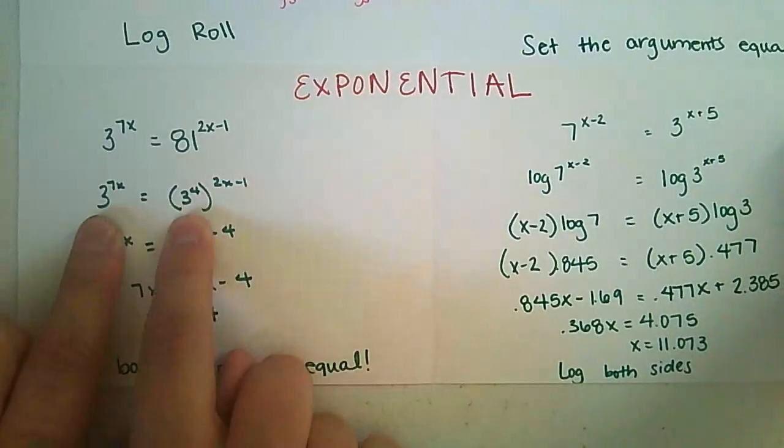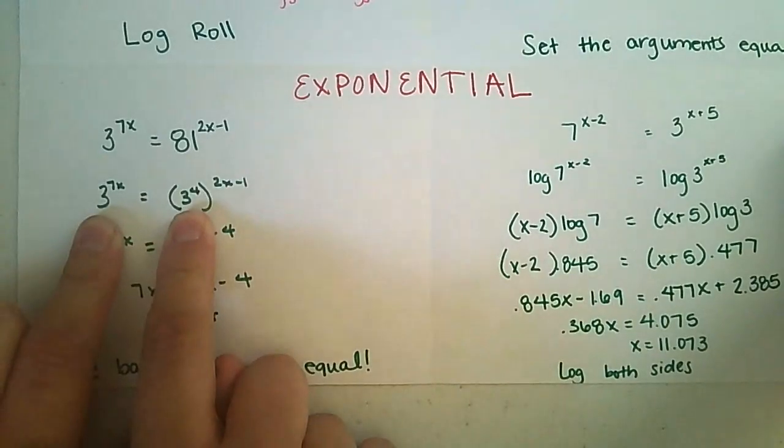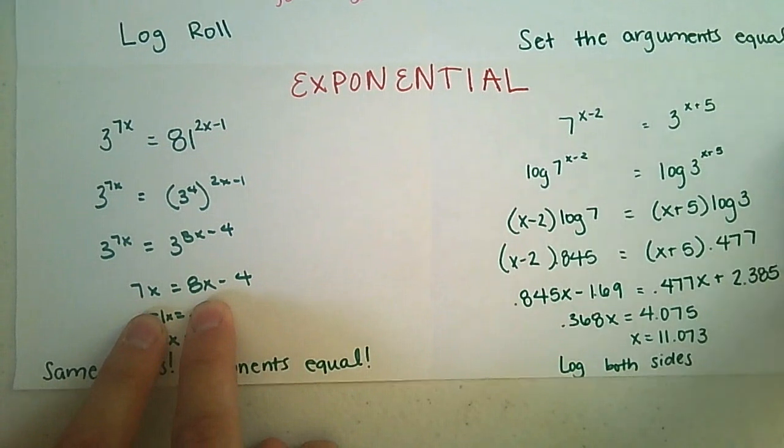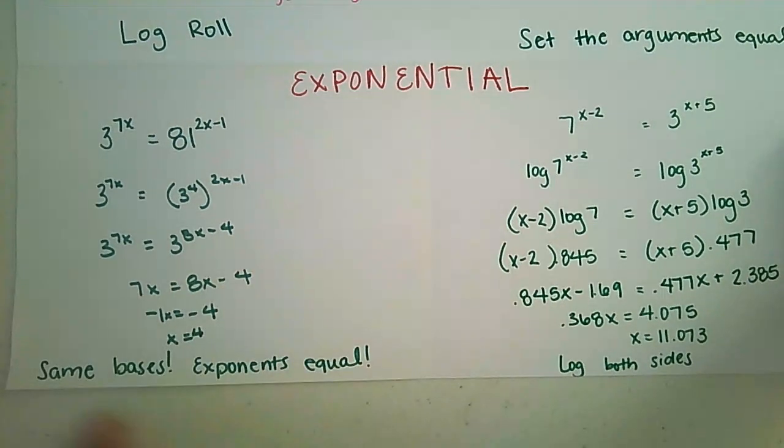The first way was to check and see if we could get the bases to be the same. Because if we were able to get the bases the same, then we could set those exponents equal to each other and solve from that way. So if you could, try and get the bases the same and then set the exponents equal to each other.